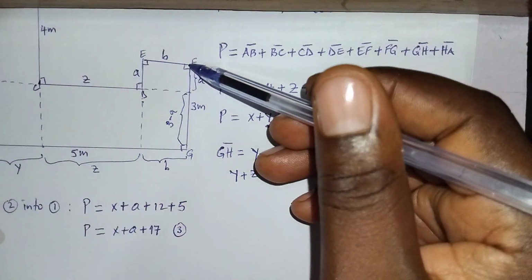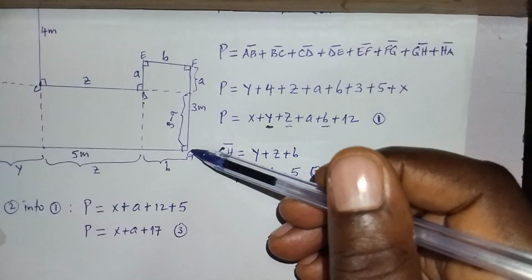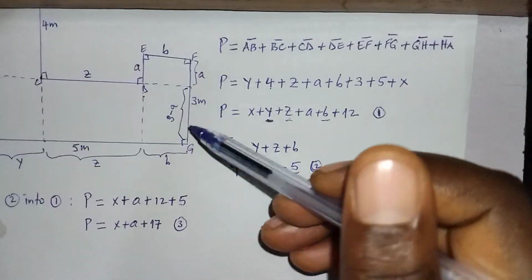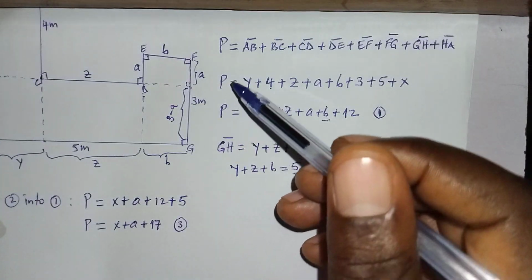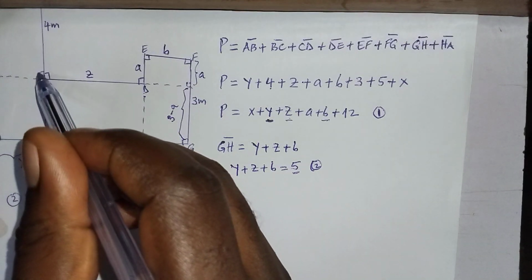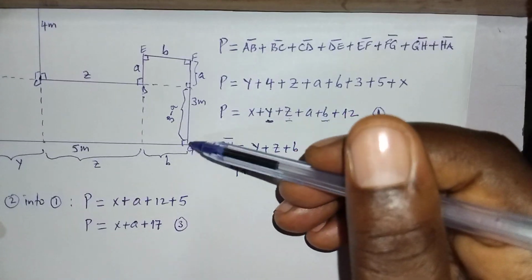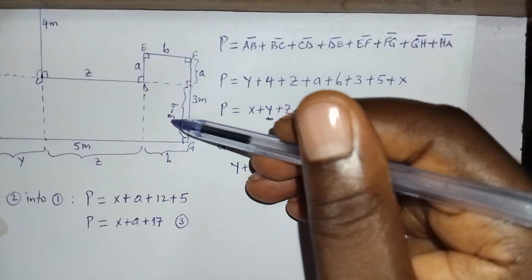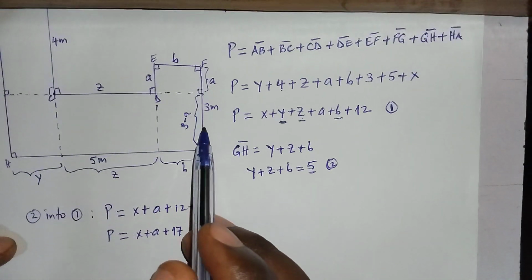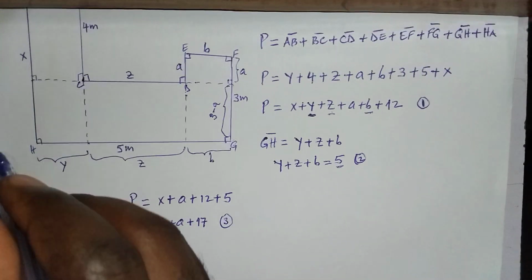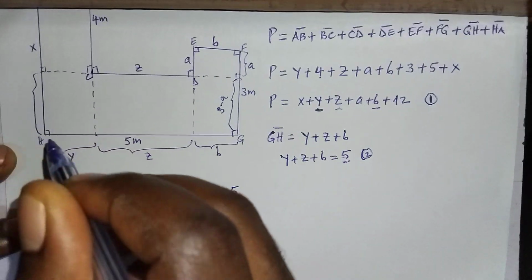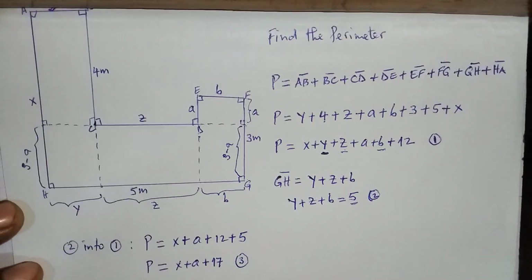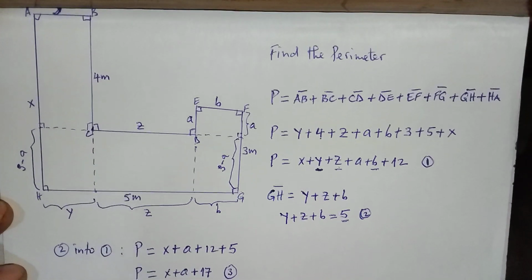Yes, you know this side or this side is equal to 3. This one is equal to this one. It's like this, and this side, or this side minus this part, is 3 meter minus a, and this side is the same as this. This side is 3 meter minus a.